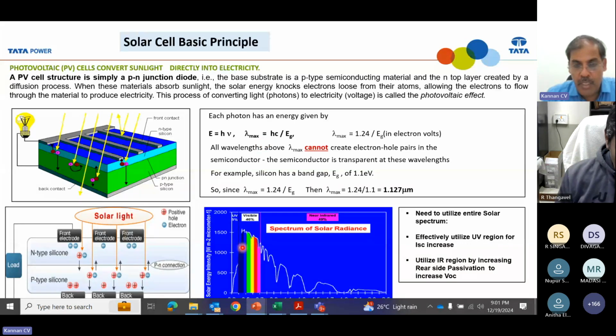The sunlight spectrum is a wide range, but unfortunately silicon can work only in this area, and the rest of the sunlight goes as waste.